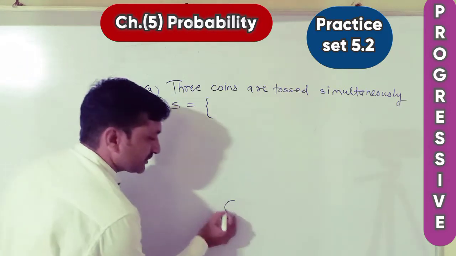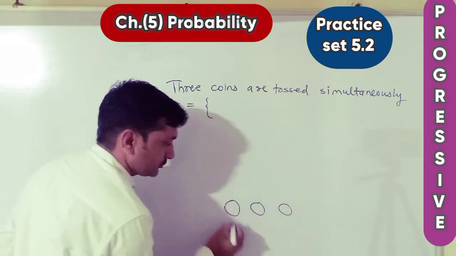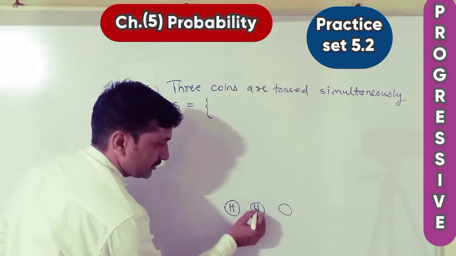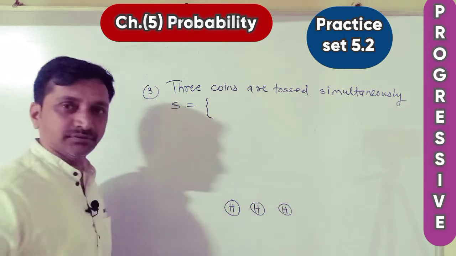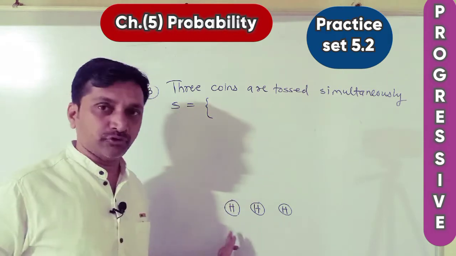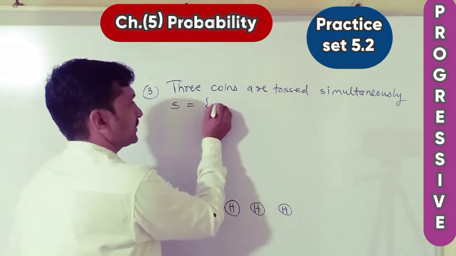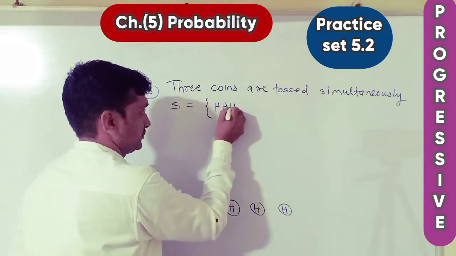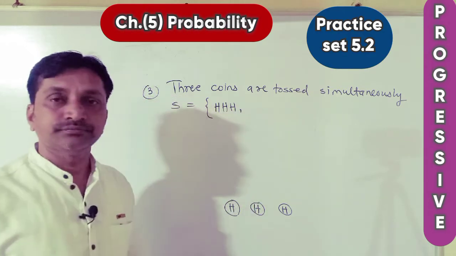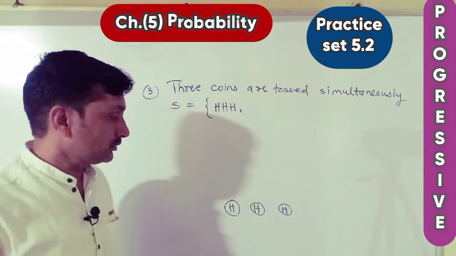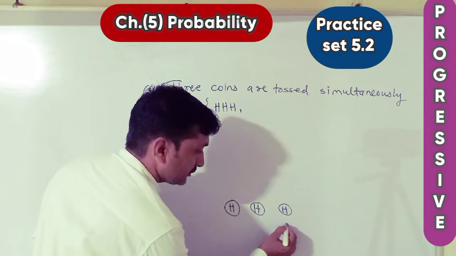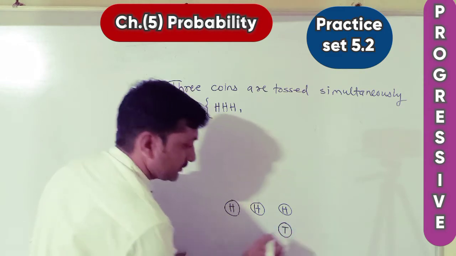Now if 3 coins are tossed, 1, 2, 3. First possibility, the upper face of all 3 coins will be head, HHH. Second time, here it will change.